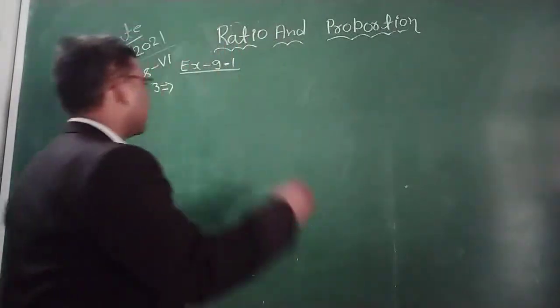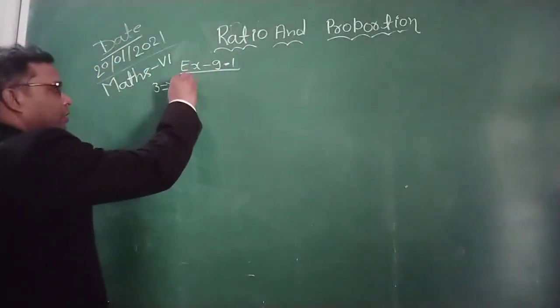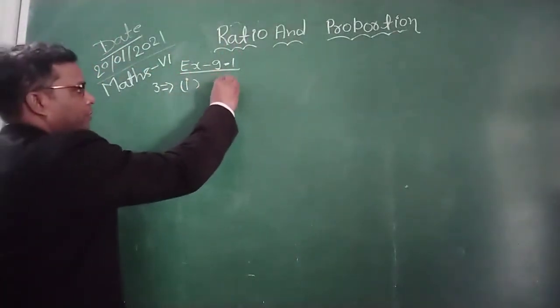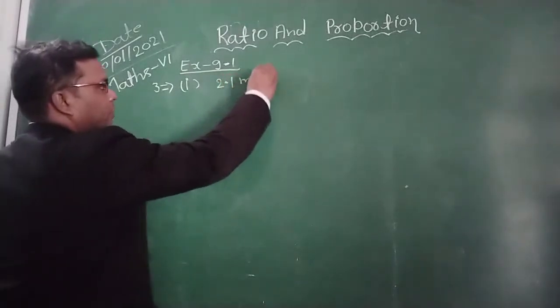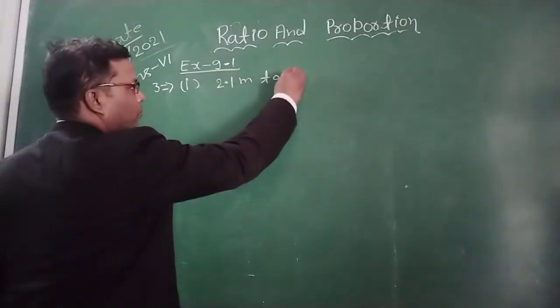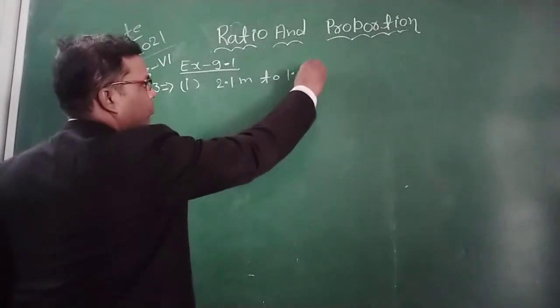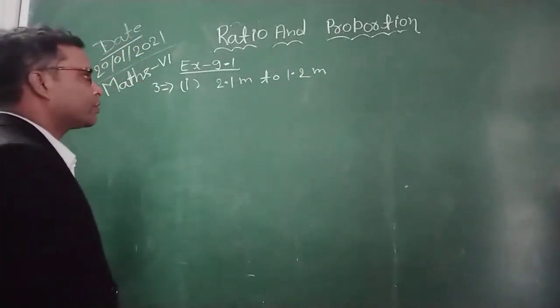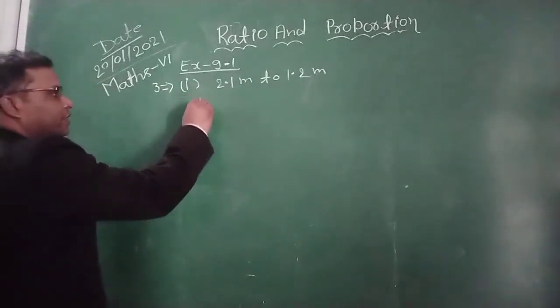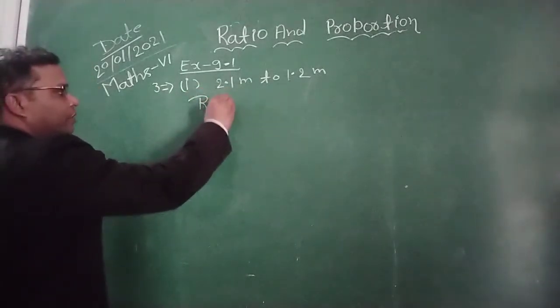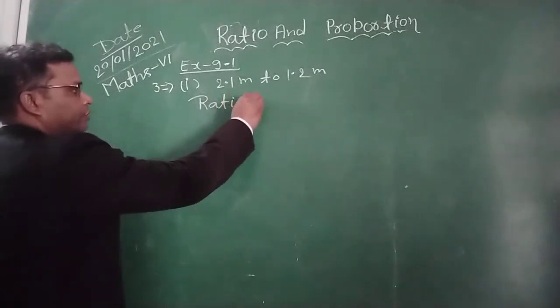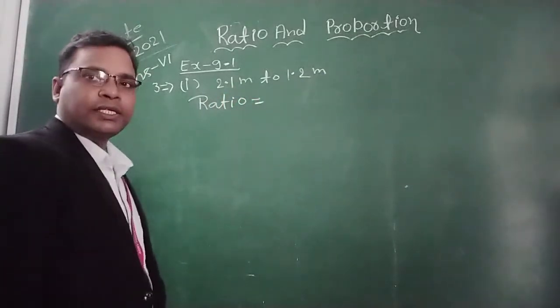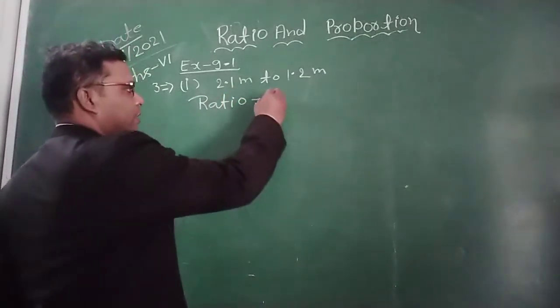So part 1, 2.1 meter to 1.2 meters. We need to find its ratio. So ratio is equal to what? You can write it like this. A ratio is equal to 2.1 by 1.2.